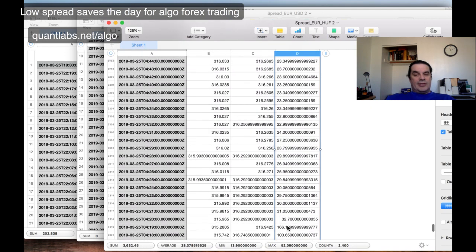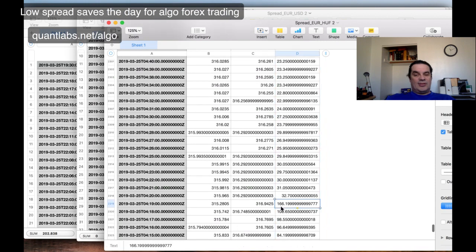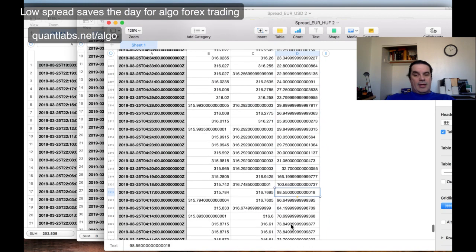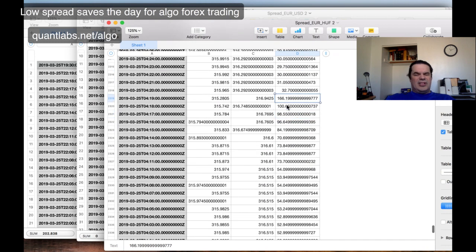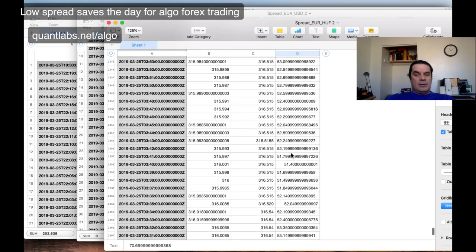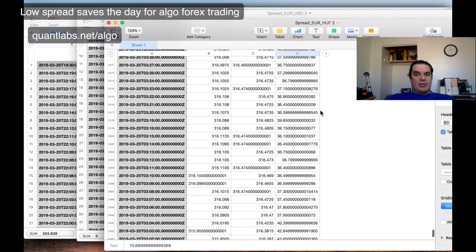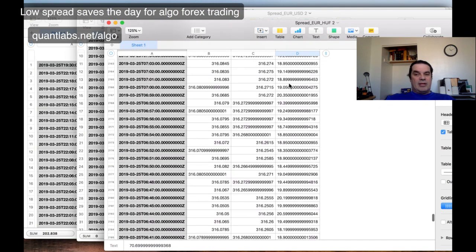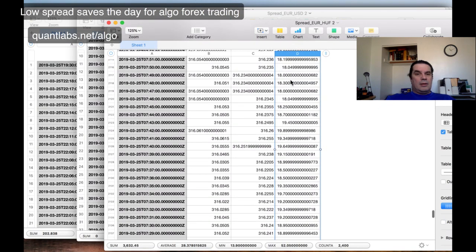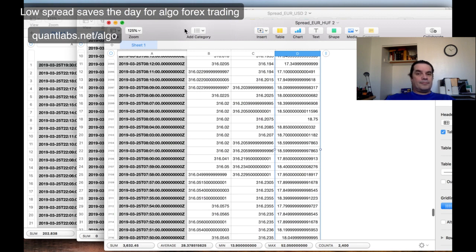But there are windows, and look at this, it just suddenly jumps up to 166, and then it comes back down. So somewhere in here, there's these blips. I have no explanation on what causes it, nor do I care. I'll talk about the lessons learned in a minute, but you can see here the spread cost is calculated as part of this script.